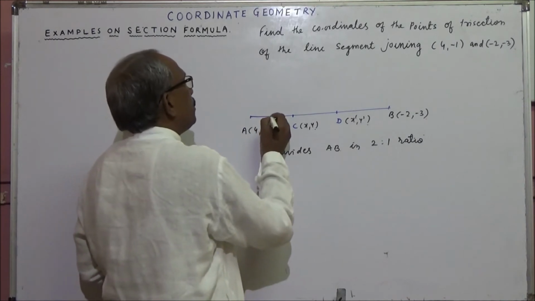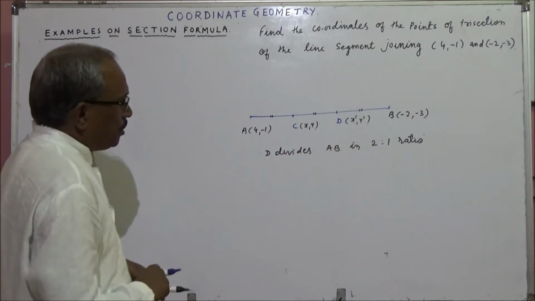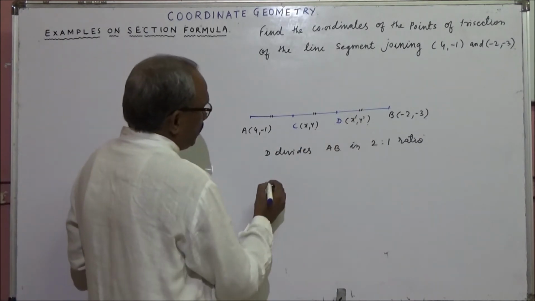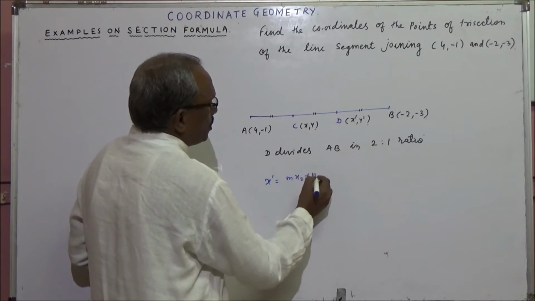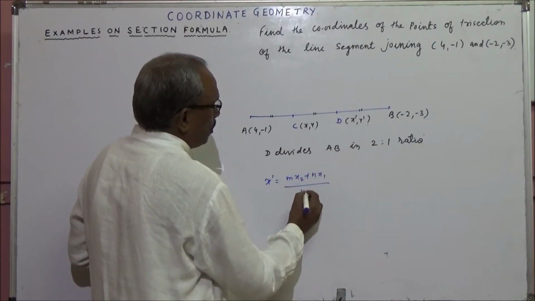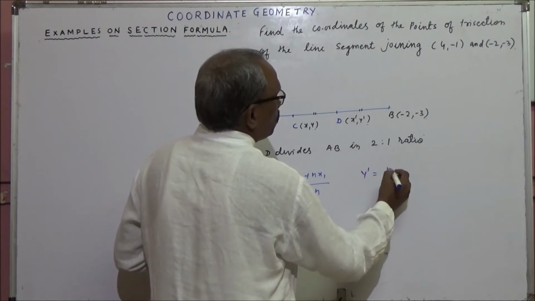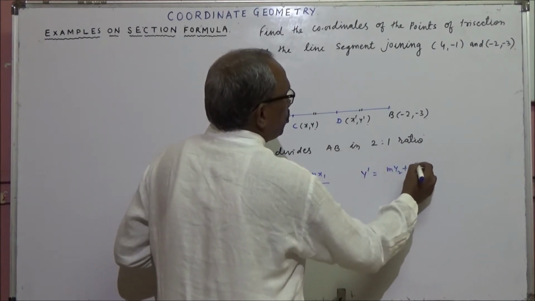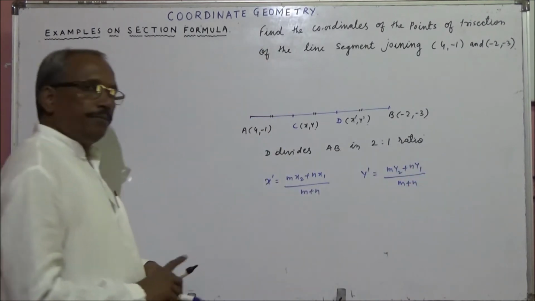So these are same, okay. So therefore let us calculate x' is equal to (mx2 plus nx1) upon (m plus n), y' is equal to (my2 plus ny1) upon (m plus n).